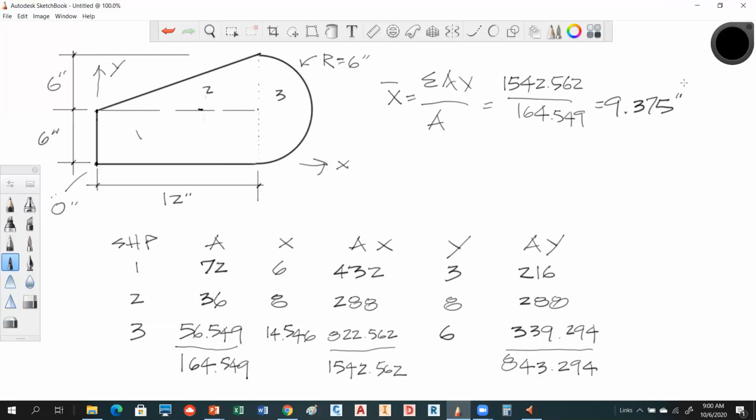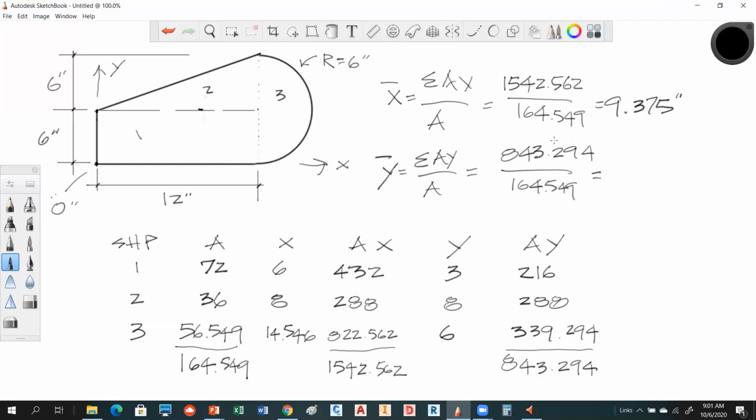Yeah. Okay. So there's the one centroid. And then y bar is the sum of the AYs divided by area. We have 843.294 divided by 164.549.